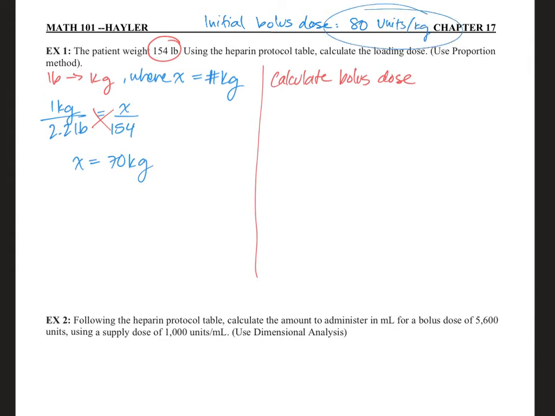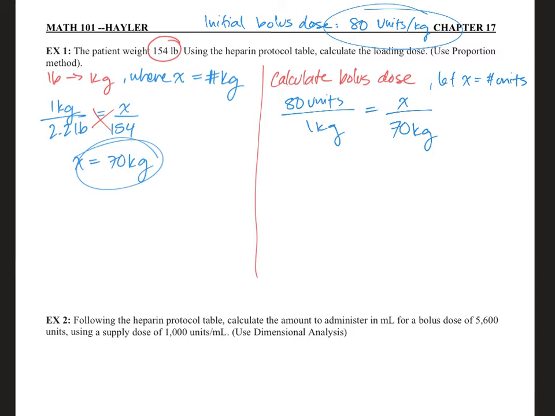So this is going to be our conversion factor: 80 units per 1 kilogram, set equal to what we know, which is that we have 70 kilograms. So X units per 70 kilograms. Let X equal the number of units.